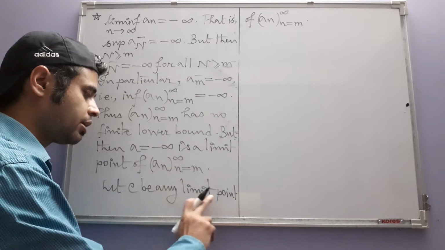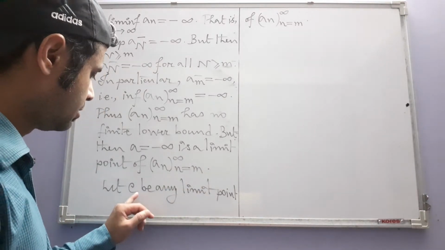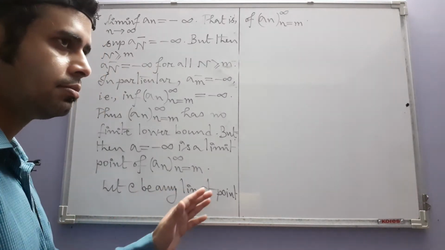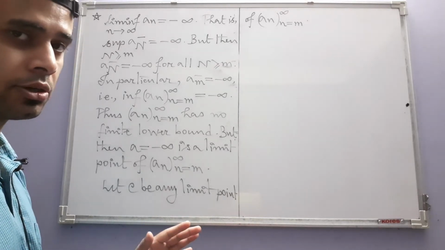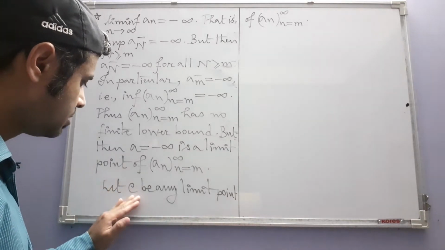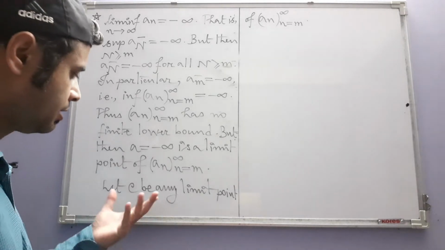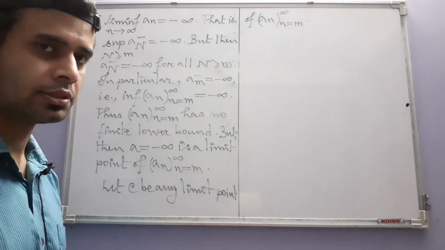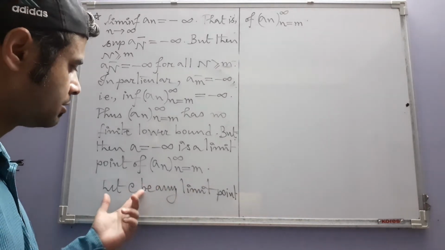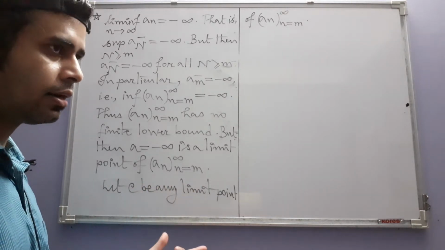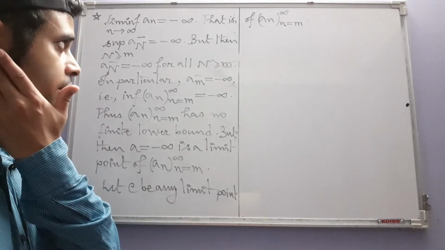Previously, in our original definition of limit point, the limit point was by definition a real number. Now that is not the case. So this C can very well be minus infinity as well as plus infinity, and in fact we have to consider those cases. So first let us see when C is in R, what happens.